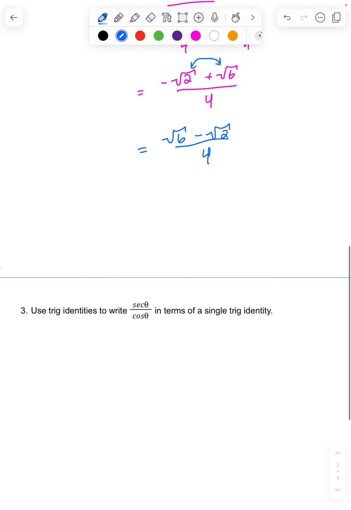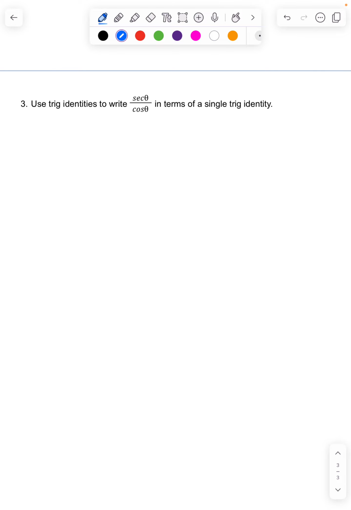Now, the last question that you guys had was to use trig identities to write secant theta over cosine theta in terms of a single trig identity. So we have secant of theta over cosine of theta. Secant is actually going to be equal to 1 over cosine.